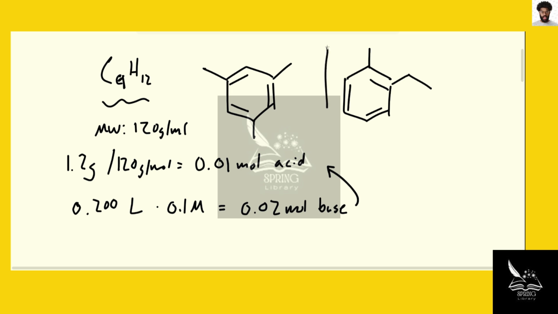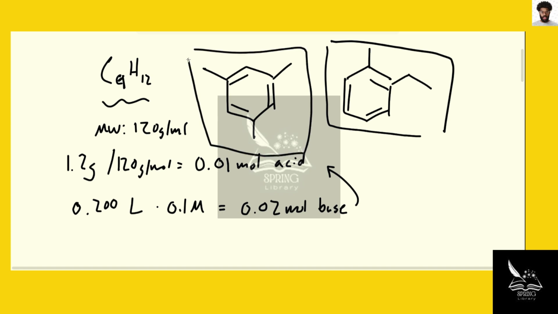So it's more likely that we had something like this, with 2 alkyl groups. Because if we had 3 alkyl groups, we should have expected 0.03 moles of base required to neutralize it. So this is much more likely an ethyl and a methyl.